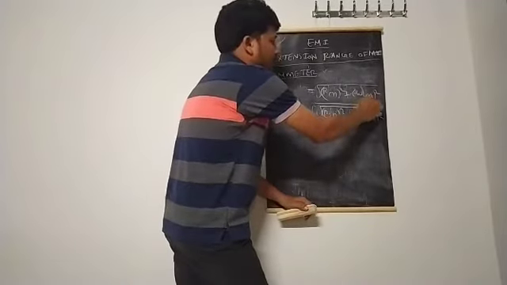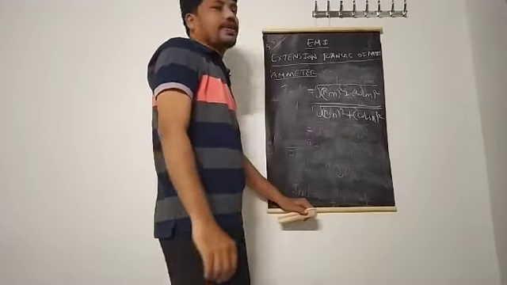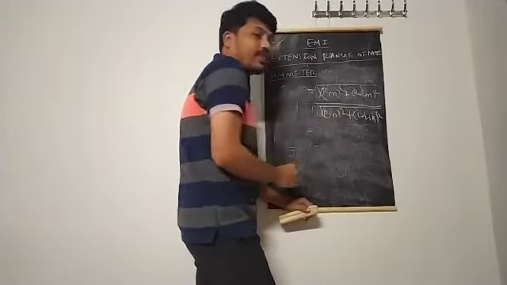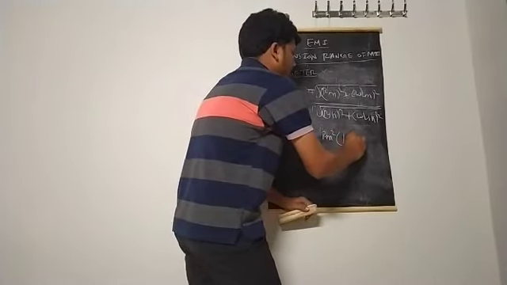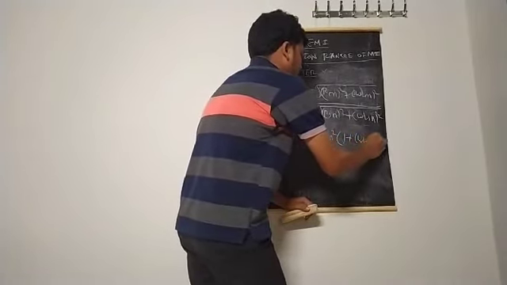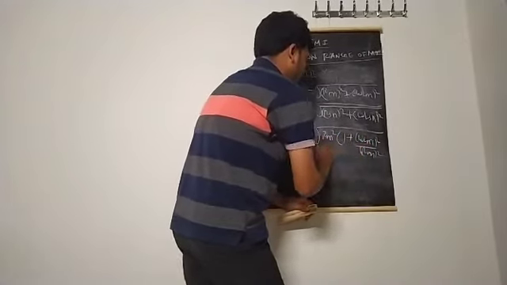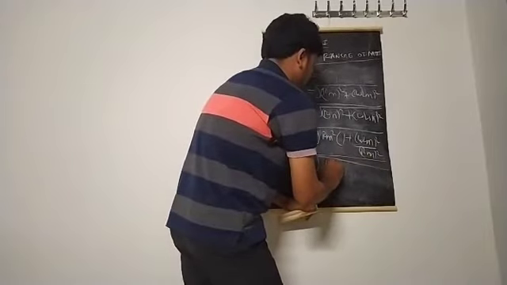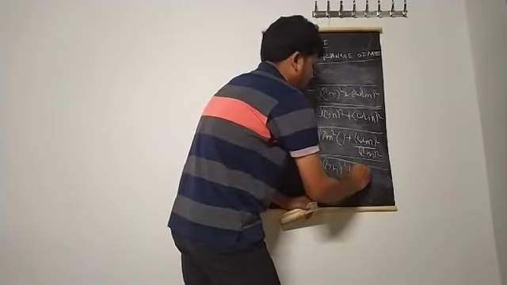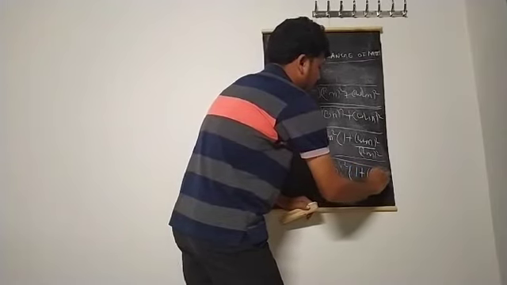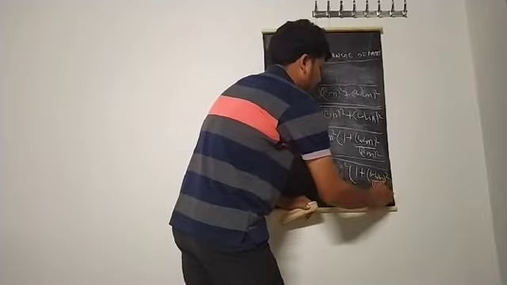After that, first we take Rm square common in the numerator and RSH square common in the denominator. Then Rm square into 1 plus omega Lm by Rm whole square, by RSH square into 1 plus omega LSH by RSH whole square.